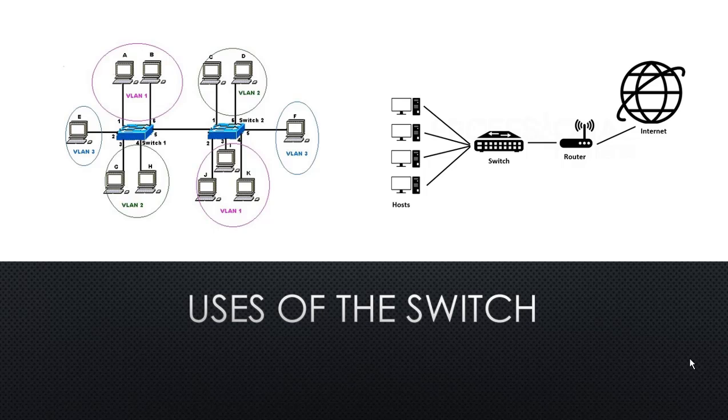For example, sharing files: one computer on the network enables file sharing, and other computers can access those files over the network. Shared printers: all computers on the network can use the same printer. Sharing the internet connection: all computers can access the internet through a router which is connected to the network.